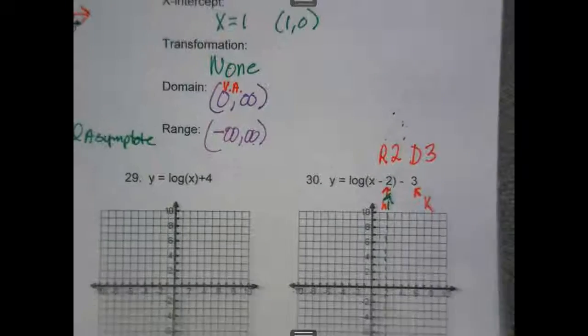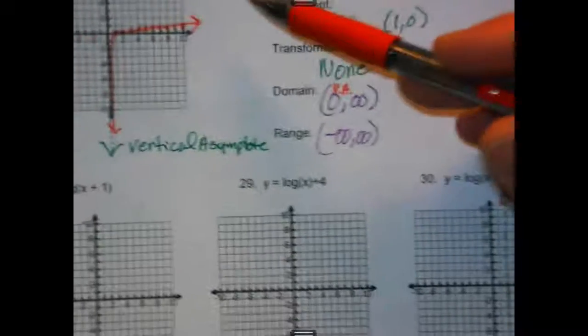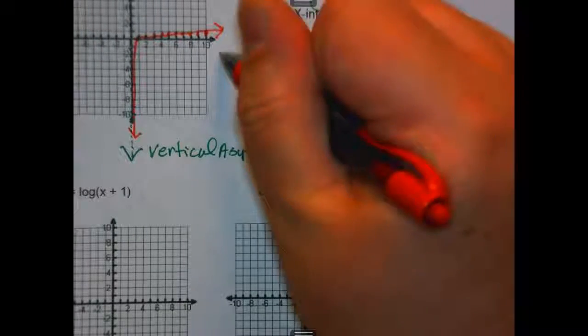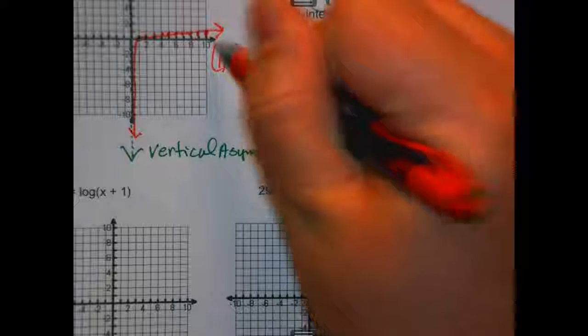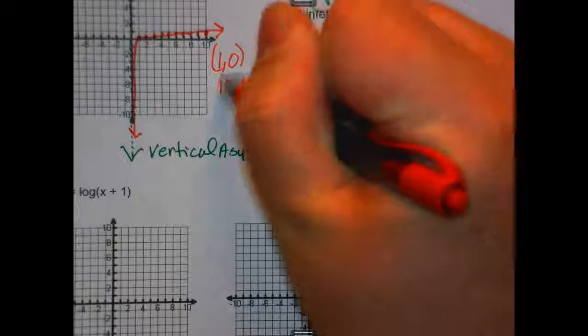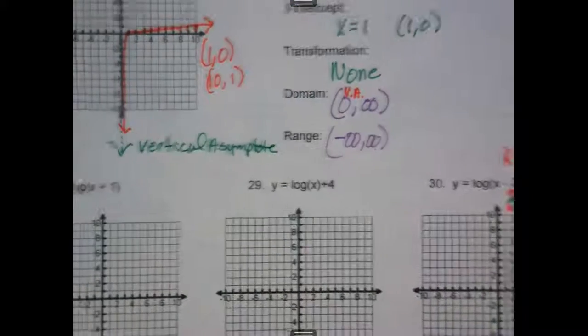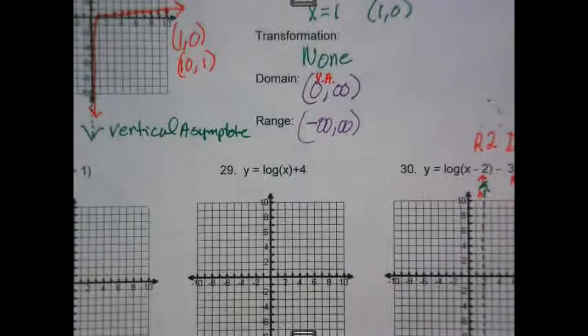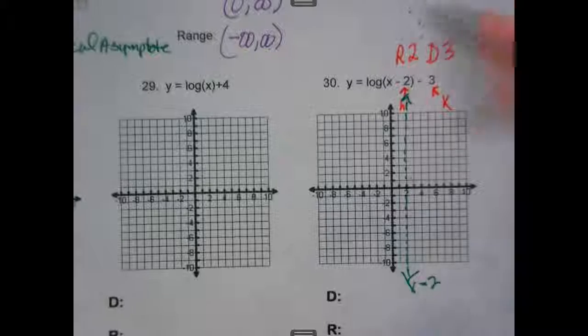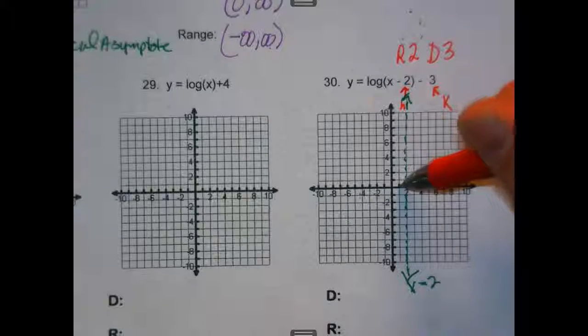Now, I'm going to start at our good points up here. Our good points were 1, comma 0, right? And 10, comma 1. Those are some really good two points. We can probably just estimate the rest, right? So here's 1, comma 0.